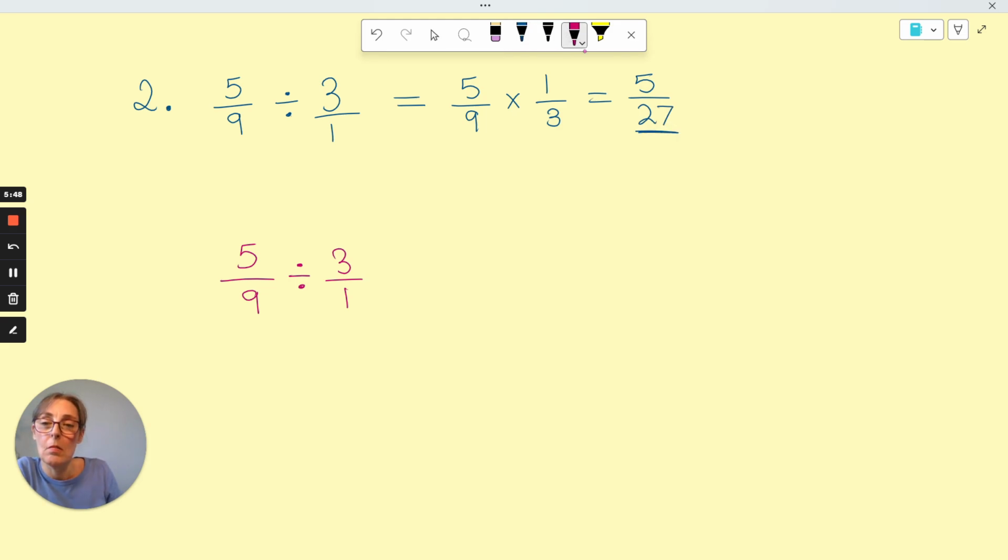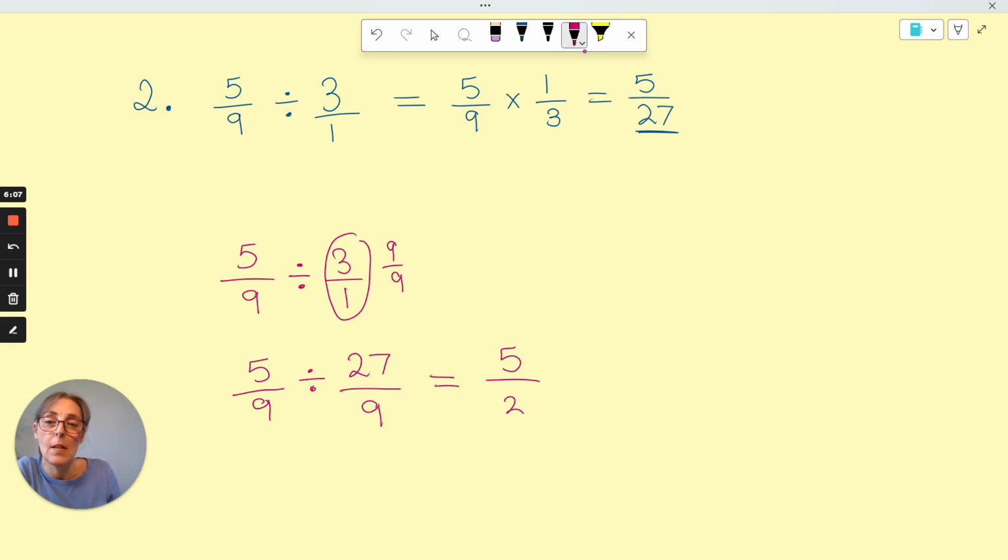I'm going to do, I need to keep the denominators the same. So I'm going to multiply this fraction by 9/9. So that's 3 times 9 is 27, and 1 times 9 is 9. So that equals 5 27ths.